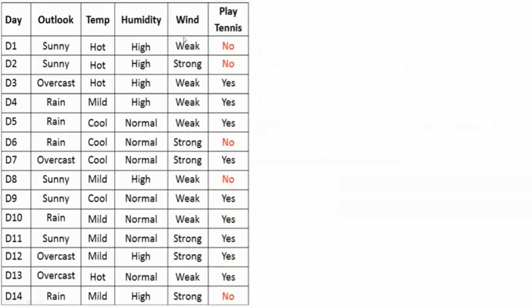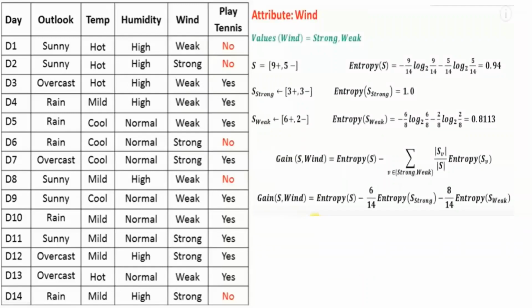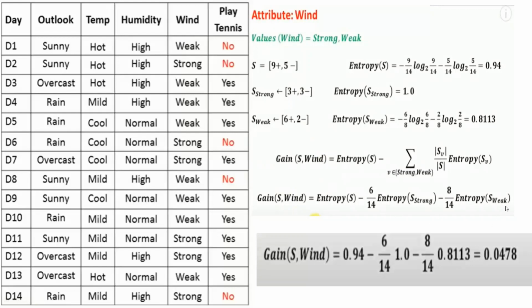Wind again has two values, strong and weak. Initially calculate entropy for the entire data set, and later calculate entropy for strong and weak as well. Substitute those values to calculate information gain for wind.